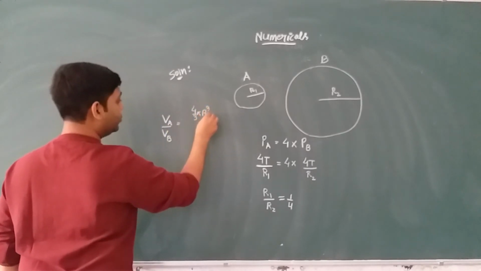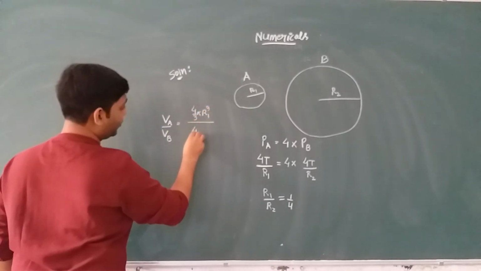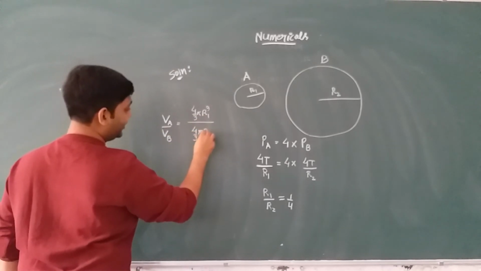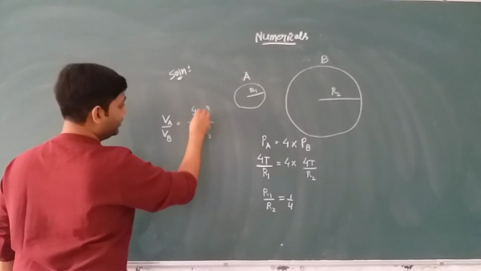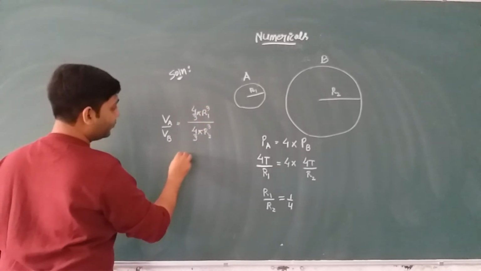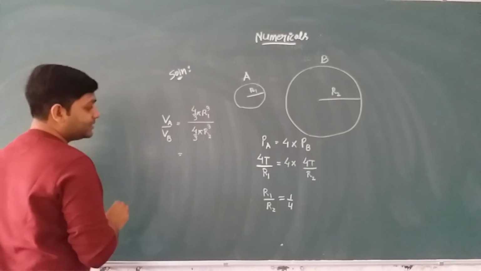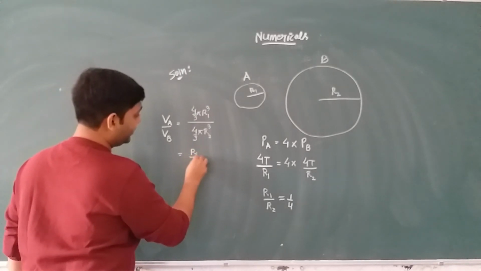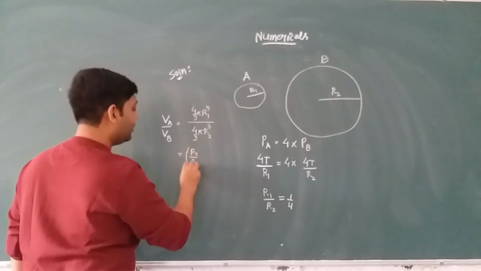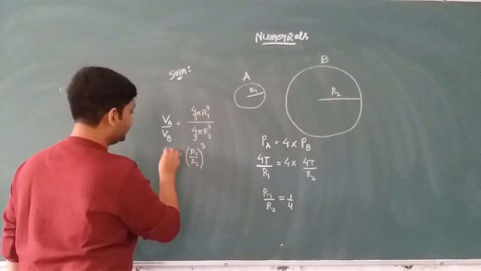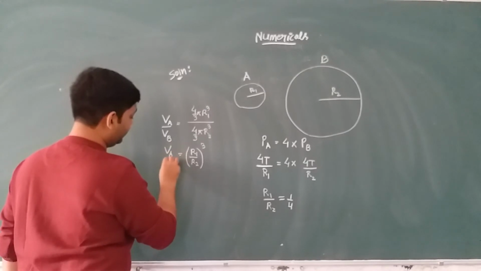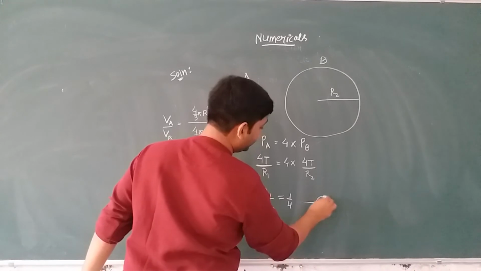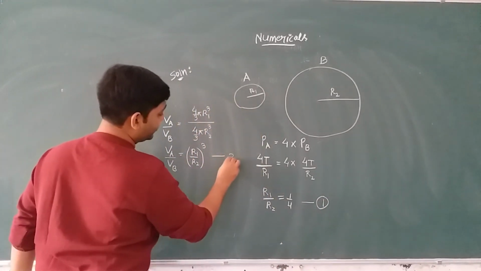So R1 cube upon 4 upon 3 pi, the radius of soap bubble B is R2, so it is R2 cube. 4 upon 3 pi gets cancelled from numerator and denominator, and we are left with R1 upon R2 whole cube. So VA upon VB. Fine. Let's say this is equation 1, and this is equation 2.